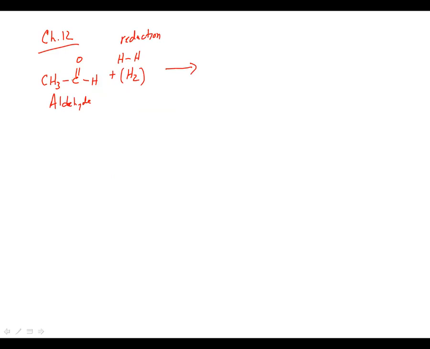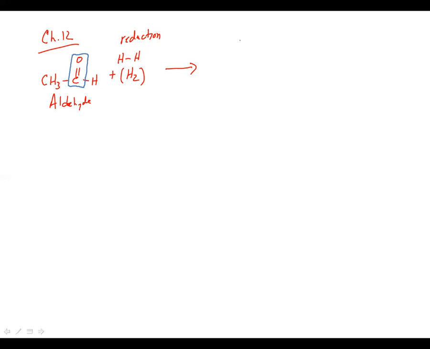And in this type of reaction, a reduction of an aldehyde, it's always where the carbon-oxygen double bond is. Basically what we're going to do here is add a hydrogen in. And like we talked about before, we really don't have room to add the hydrogen in with that double bond there.